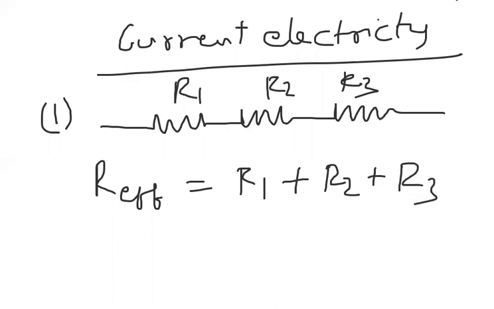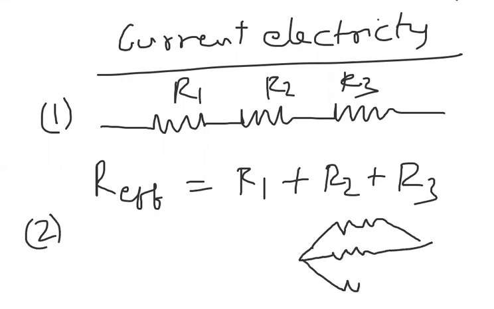And what is the effective resistance in parallel combination? In the parallel combination we discussed yesterday, suppose this is R1, R2, R3, all the resistances are between the same points A and B. Here the point is A, here the point is B.